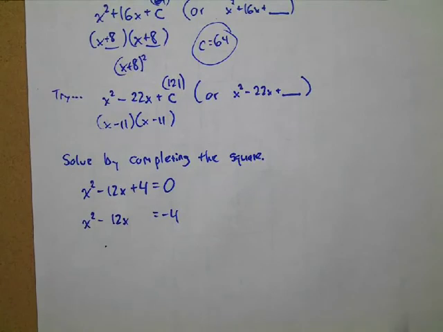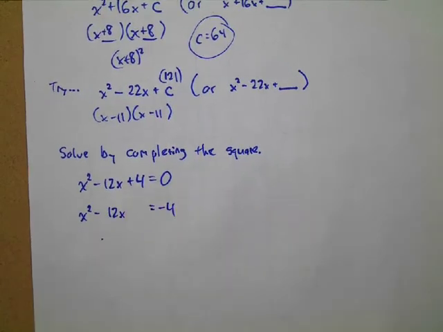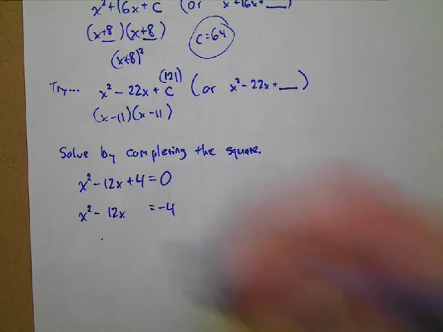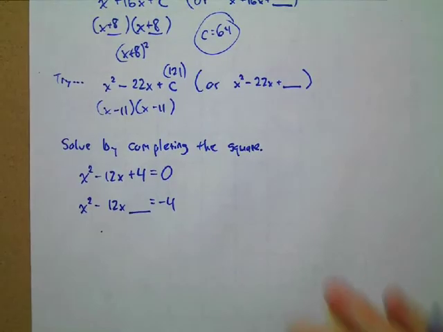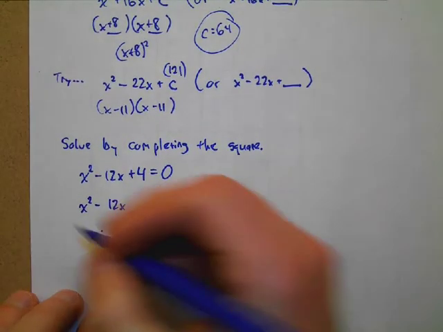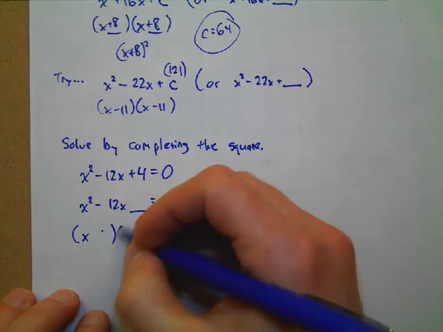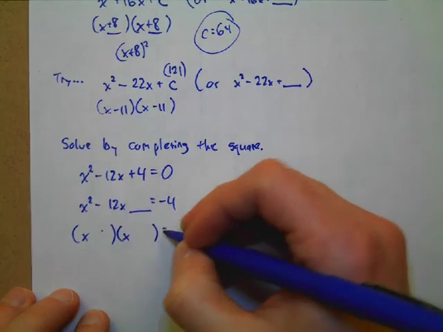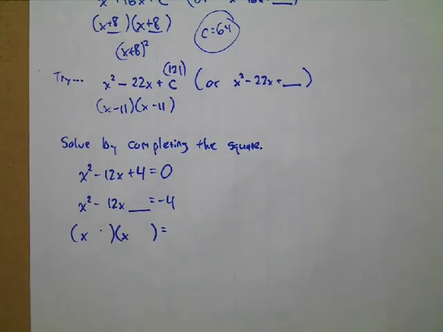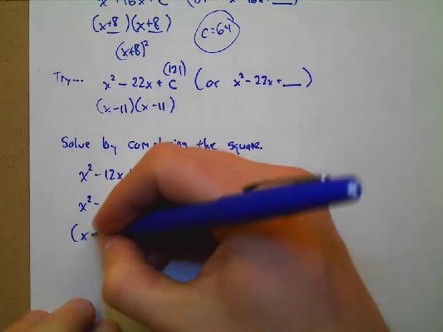So we're going to move the 4 over. And now you can see we have that missing c value in our quadratic here. And so we'll pretend like it actually factors. So down here, what two numbers are we going to use to make that negative 12? Negative 6 and negative 6, right?